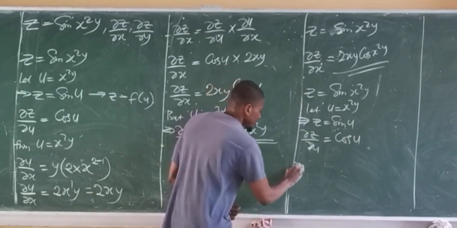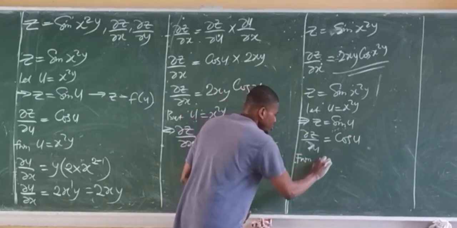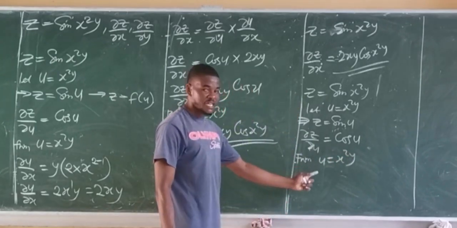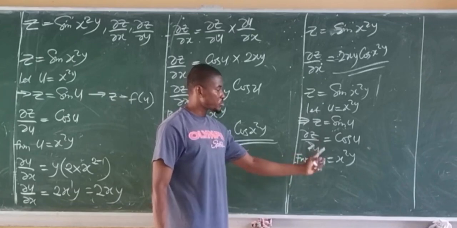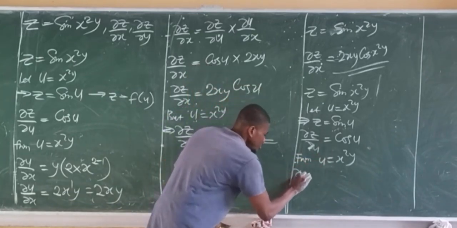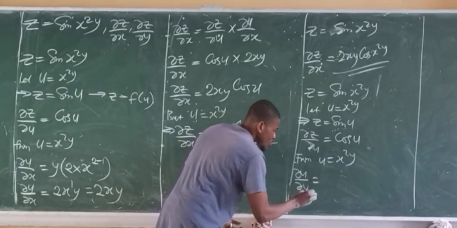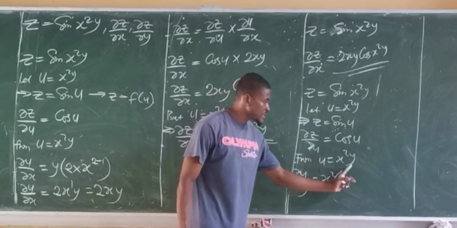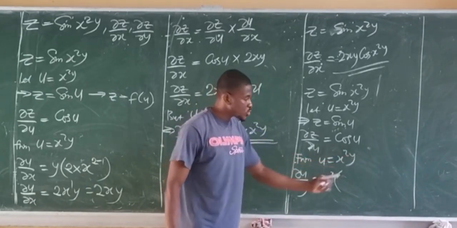From u equal to x squared y, we now differentiate u partially with respect to y. That means we're going to consider x squared as a constant. So partial u, partial y is x squared, keep it constant, and differentiate y, not forgetting that this is actually y raised to 1.